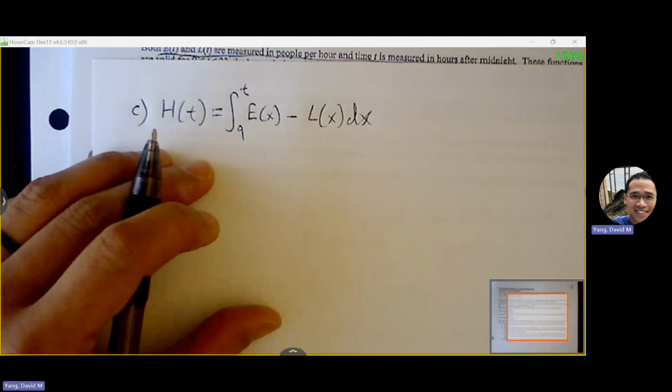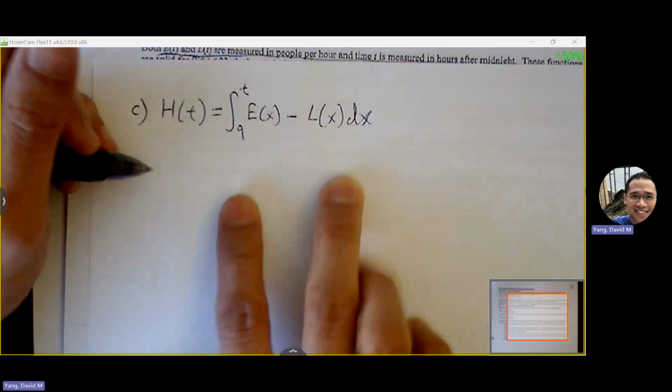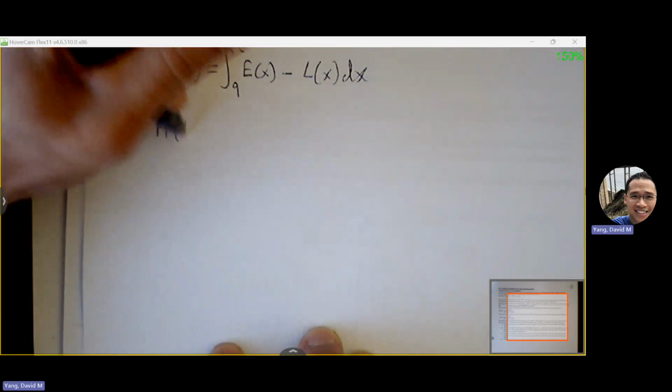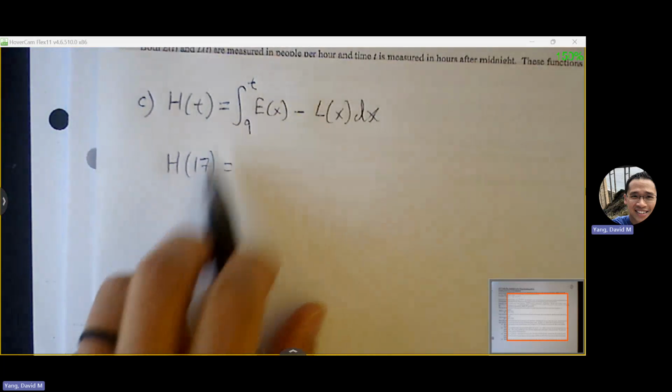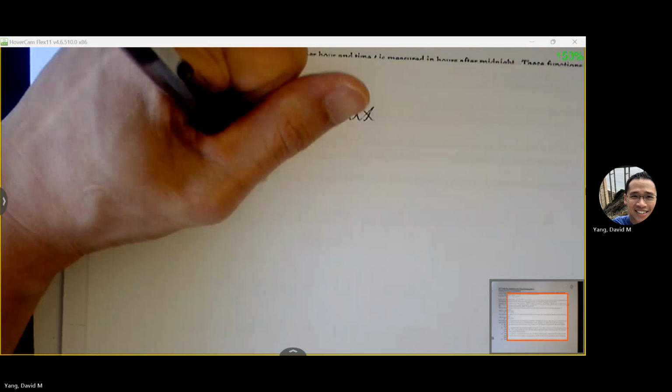Okay, well, let's see what they're telling us here. The value of h of 17. Okay, so they say h of 17. That means I'm just replacing every t with 17. So 9 to 17 e of x.